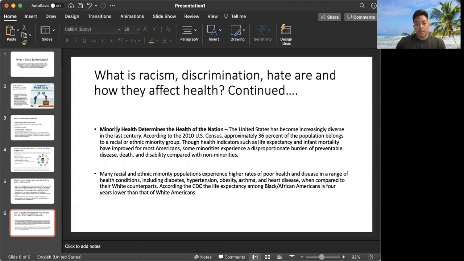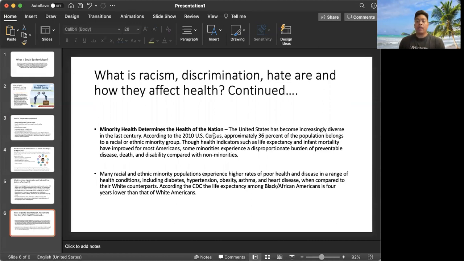And then lastly, here I just have from Minority Health, which determines the health of a nation, that approximately 36% of the population belong to a racial or ethnic group, and health indicators such as life expectancy and infant mortality have improved for most Americans, but some minorities experience a disproportionate burden of preventable disease, death, and disability due to racism and discrimination.